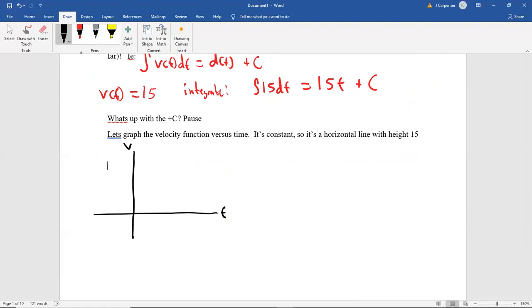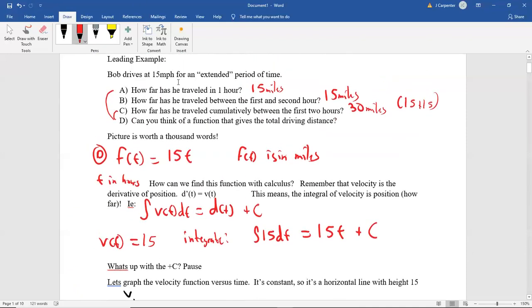So the velocity is constant at 15 miles per hour. So here's our 15. And no matter what the time is, whether it's 1 hour in, whether it's 2 hours in, whether it's 3 hours in, whether it's 1,000,000 hours in, this right here is our velocity function. It's just 15. It's not 15t. That was the position function. The velocity was just 15 miles an hour. It was constant.